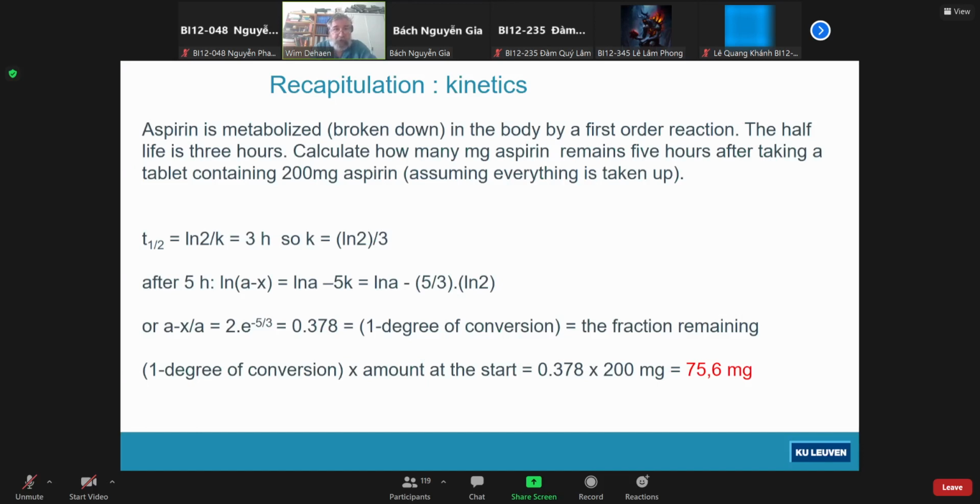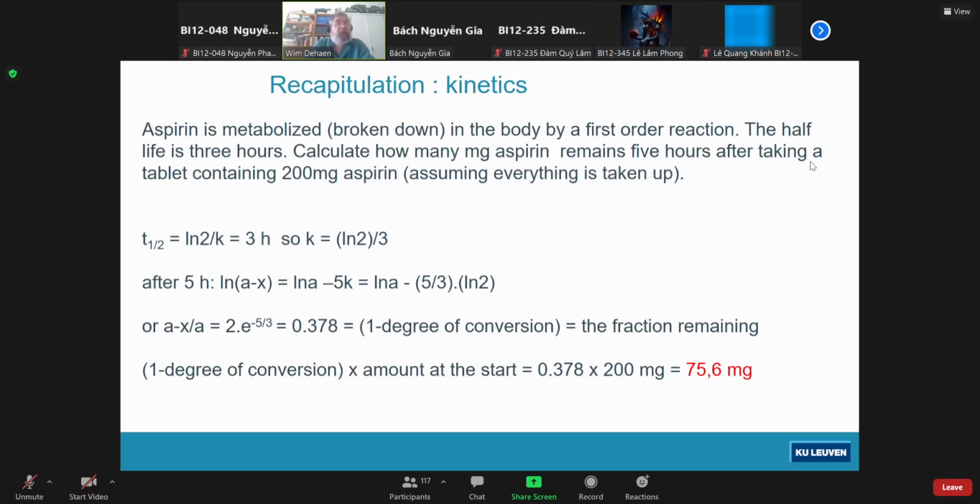And we also know that the half-life time of this first order reaction is 3 hours. Now, it is asked to calculate how many milligrams of this drug, aspirin, would remain after 5 hours. And we take into account that the tablet originally contained 200 milligrams of aspirin. And we assume everything is taken up and so on.